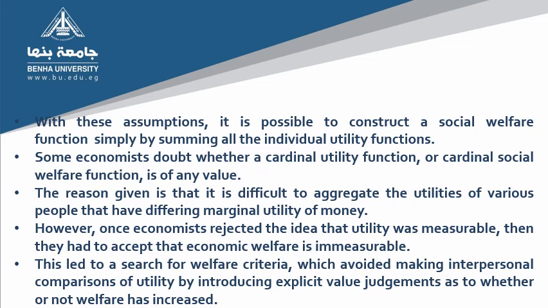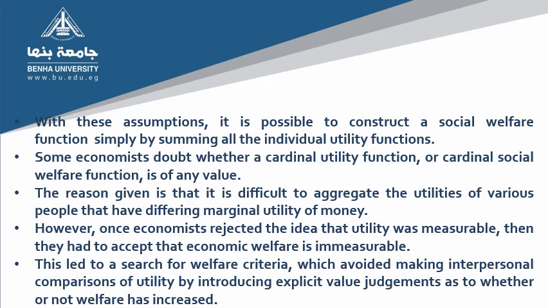But some economists doubt whether a cardinal utility function or cardinal social welfare function is of any value. The reason given is that it's difficult to aggregate the utilities of various people that have differing marginal utility of money, such as the wealthy and the poor.